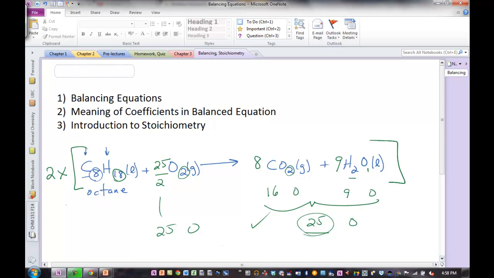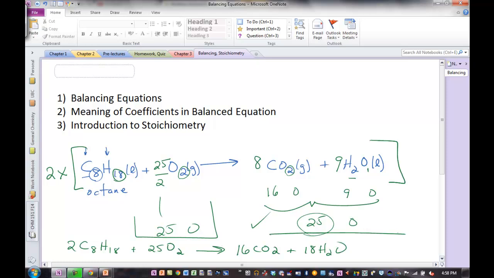When we do that, 2 times 1 for octane, 2 times 25 halves for O2 is going to give us 25 O2. I apologize that that's so close to that. Yielding 2 times 8, 16 CO2, and 2 times 9, 18 water.